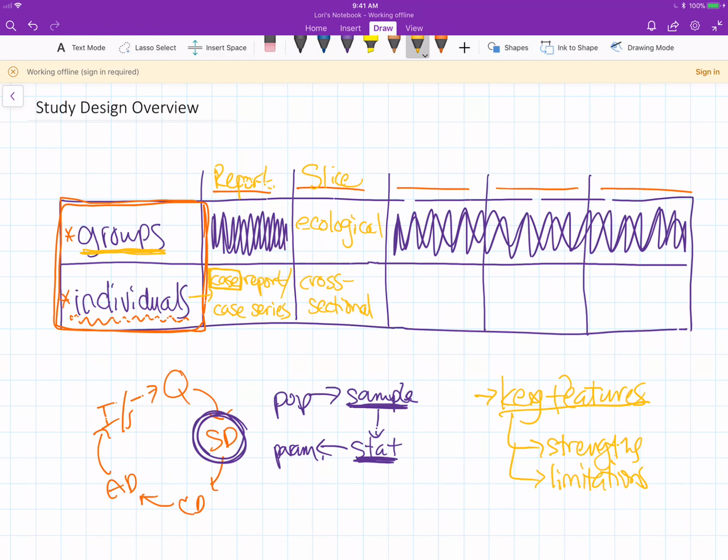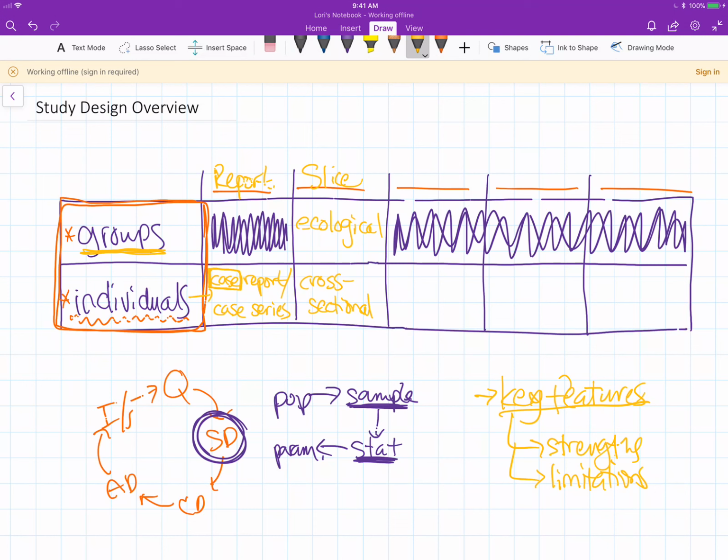Maybe we know the mean life expectancy in a variety of different countries, and we also know what kinds of foods they eat, and we also know if they have good air quality, and so those kinds of things on a population, on a group level, we have information, and that is called an ecological study.